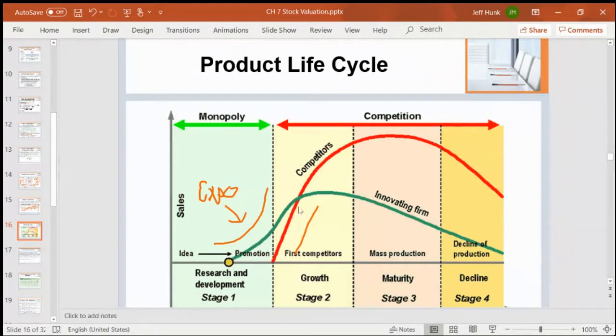And now the competitors are growing at a very steady and fast rate because you might say, you can't compare Samsung with Apple. Apple's much better, blah blah blah.